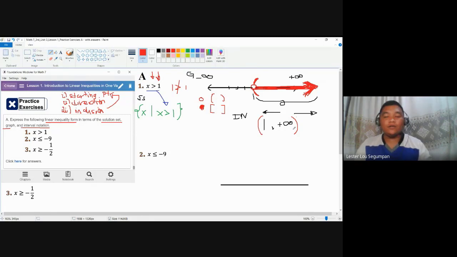Now there is a question here. Is it okay for us to interchange the value for 1 and positive infinity? Now again, if we talk about interval, similar to what I have said as an example earlier, the age of grade 7 students is 12 to 14.